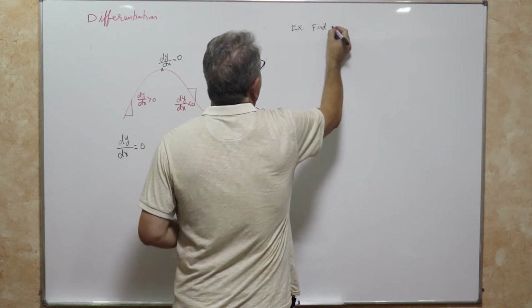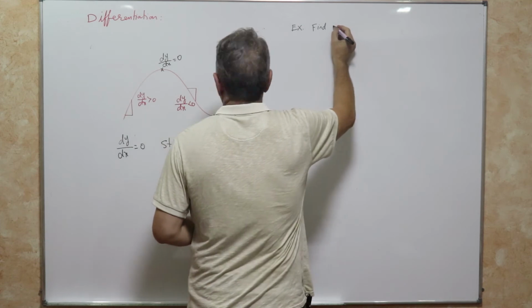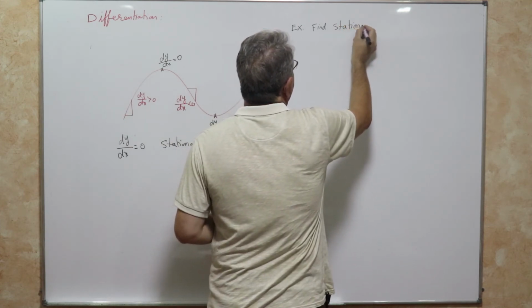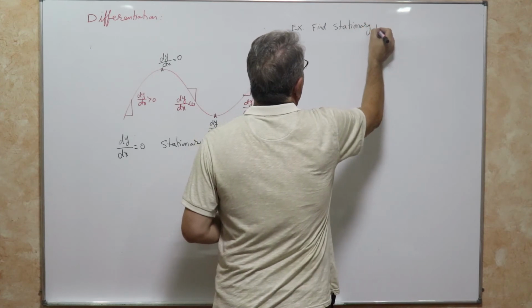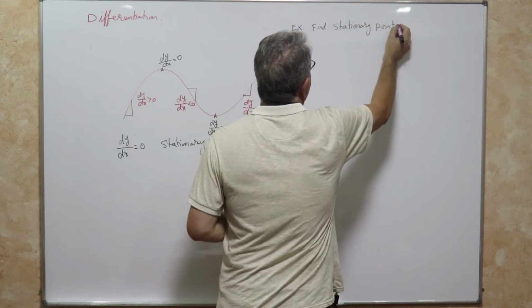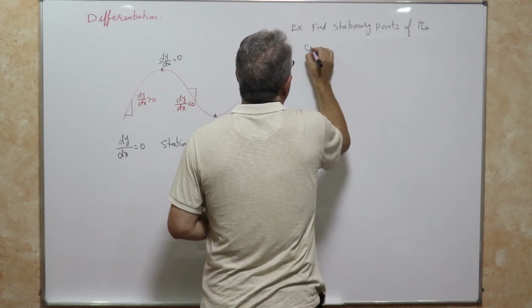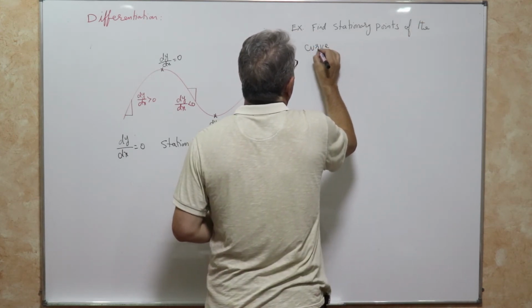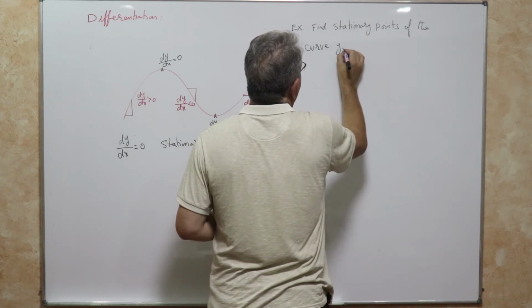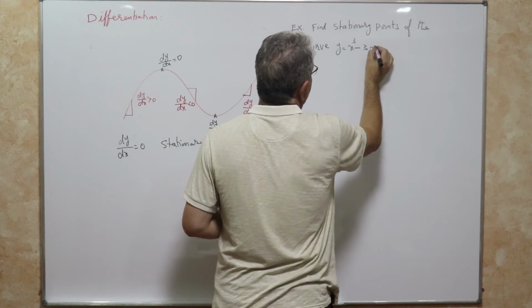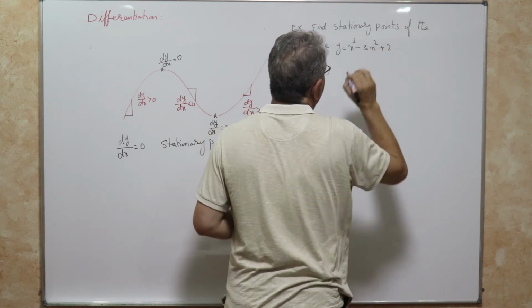Find the stationary points of the curve y equal to x to the power of 3 minus 3x squared plus 2.